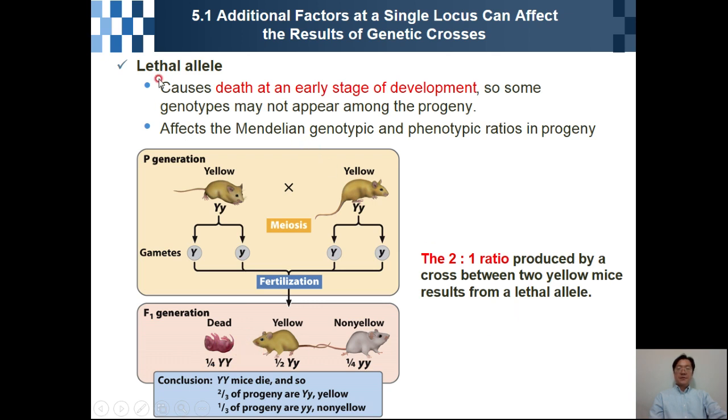So based on the lethal allele, the 2 to 1 ratio is produced by a cross between 2 yellow mice. So if your progeny have a ratio of 2 to 1, this result may come from a lethal allele.